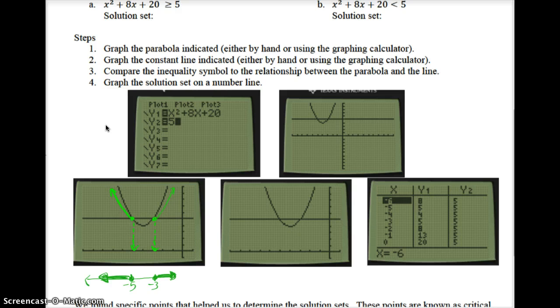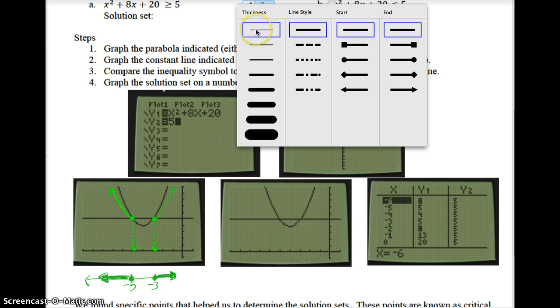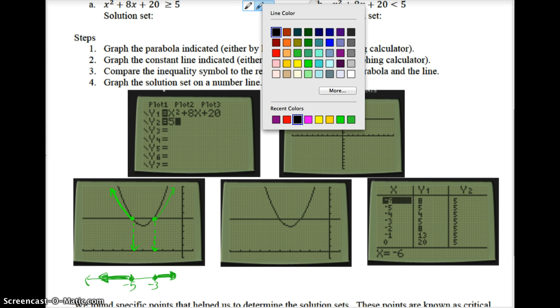What we're going to do then is take a look at which values of x actually give us a value of the parabola which is larger or equal to our 5 number, okay?